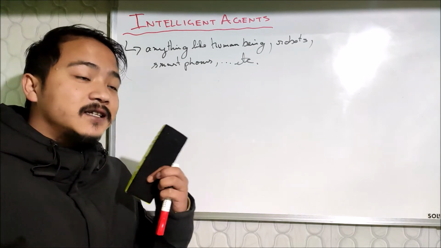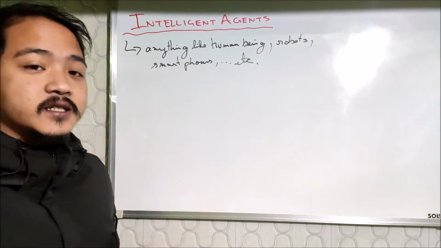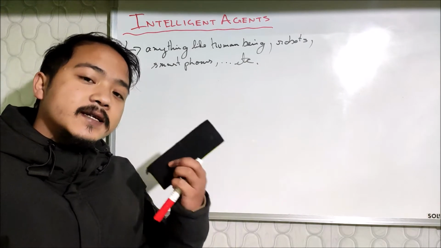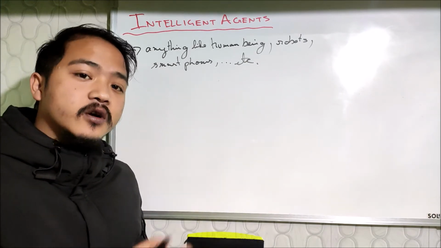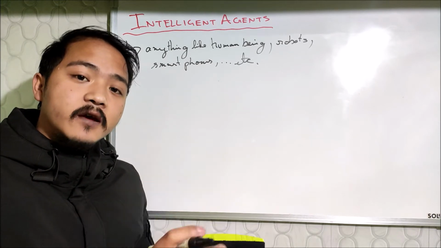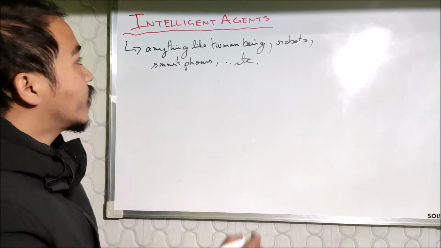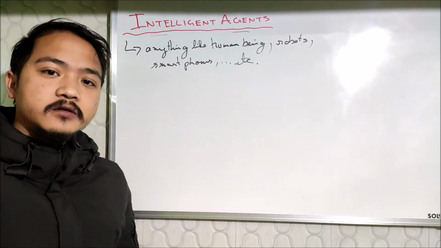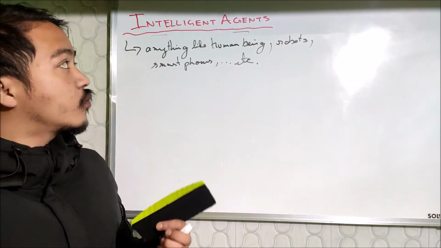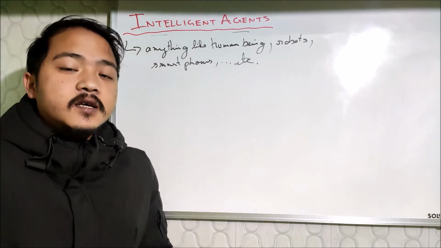And all these agents are programmed in such a way that they behave intelligently. That's why they are called intelligent agents. All right, so I hope you understand the meaning of intelligent agents.